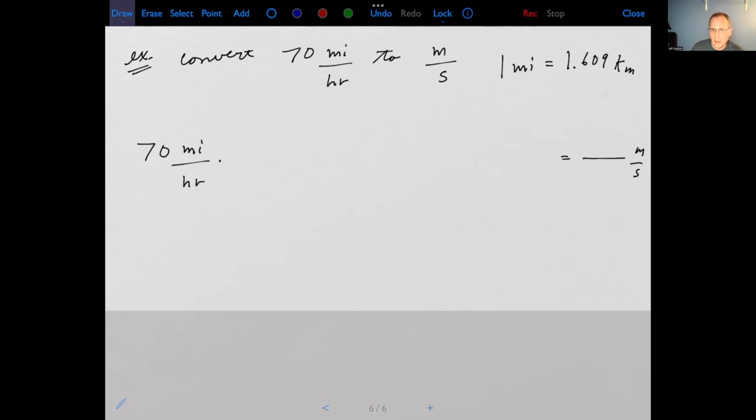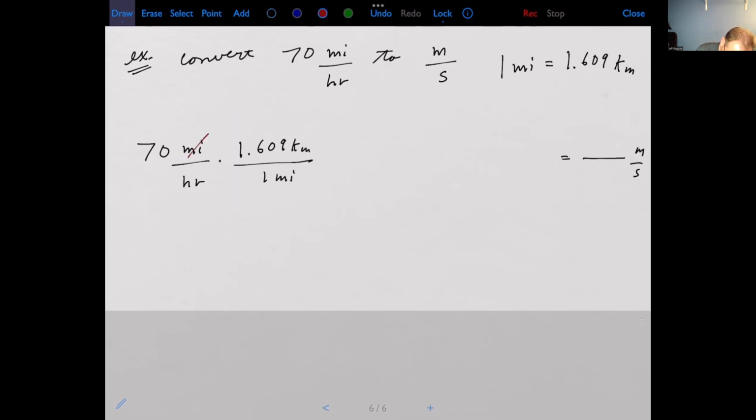So let me first use this new unit conversion factor. I know that there's 1.609 kilometers in 1 mile. So if I want miles to cancel and I want kilometers to remain, I need to write this as 1.609 km over 1 mile.